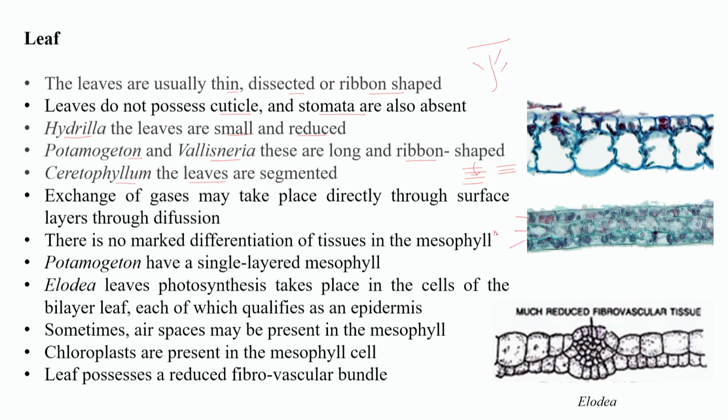The middle one could be considered as mesophyll, where the outer ones you can think of as upper epidermis or lower epidermis. In another plant, Elodea, leaves are only 2 cells thick, okay. So both you can say are either upper epidermis or lower epidermis, and they all perform photosynthesis. They will have chloroplasts. The fibrovascular bundle will also be highly reduced, meaning the proper vascular bundle containing fibers and lignified tissue will be completely reduced, okay.